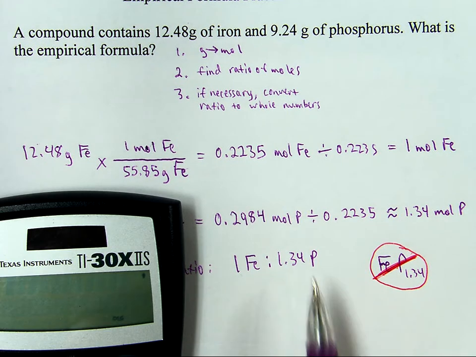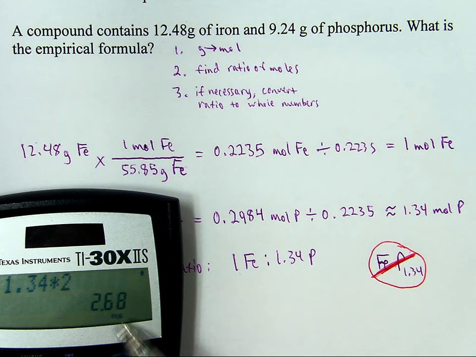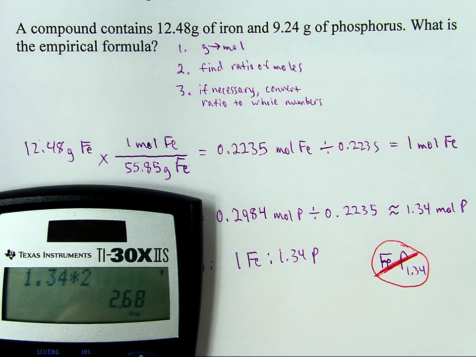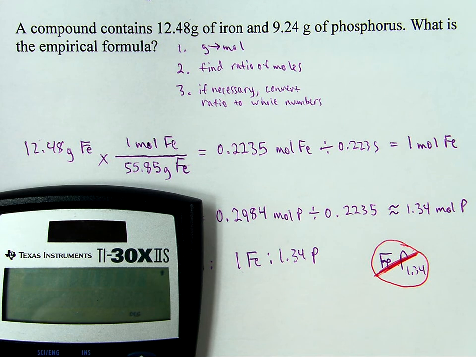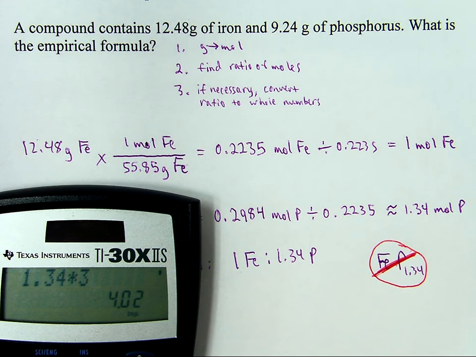Alright, so what if I multiply these by 2? That's nowhere near a whole number. So multiplying by 2 won't work. If that doesn't work, I'll try multiplying by 3. That's pretty close to a whole number. Yes, it's 4.02, but close enough. Everything here is approximate.